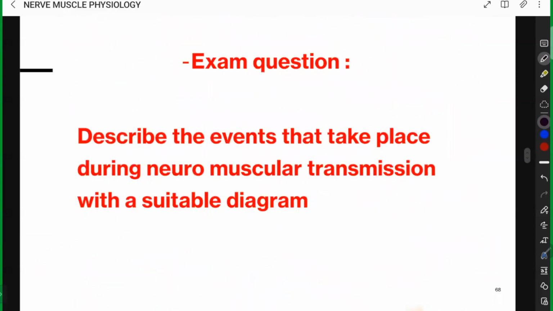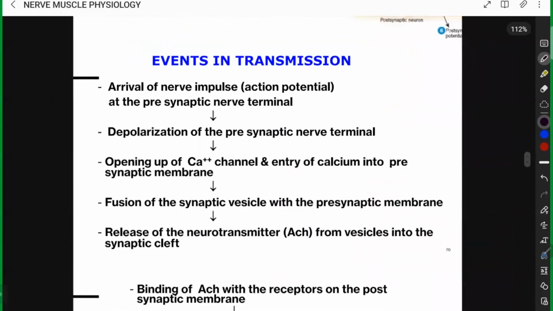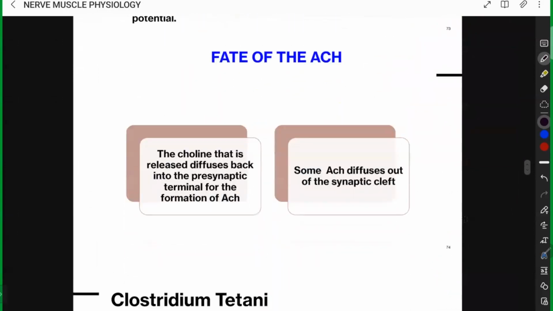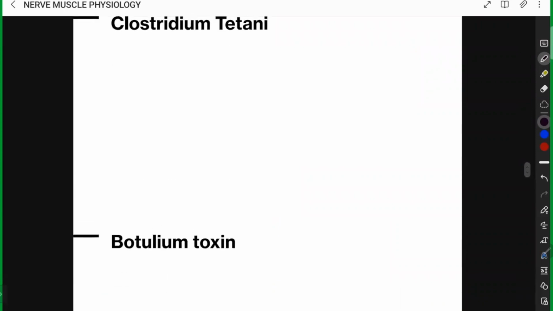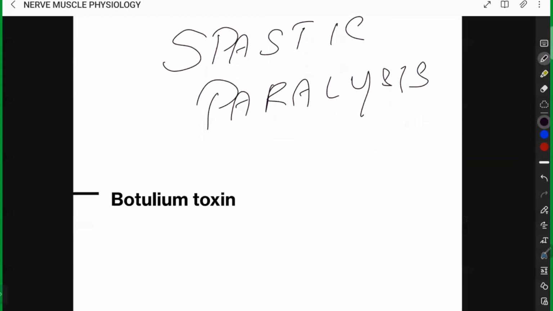Once you're clear about this concept, this entire thing I have just put down as words so that you can read later. Now you know what Clostridium tetani is. Clostridium tetani, always remember, is going to cause spastic paralysis. And what is your botulinum toxin going to cause?